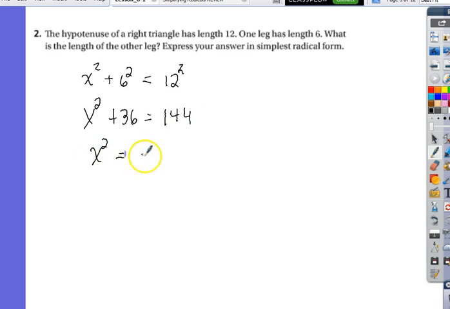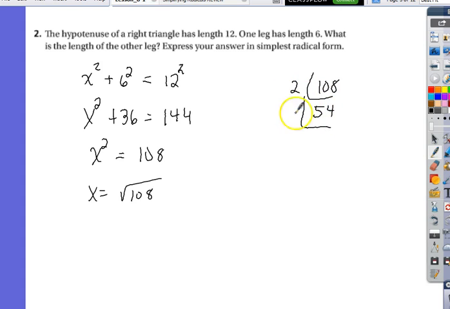X squared is equal to 108. And then x is equal to the square root of 108, which probably needs to be simplified. So how does that simplify? 6 root 3? So 108, I'll prime factor: 2, 54, 2, 27.